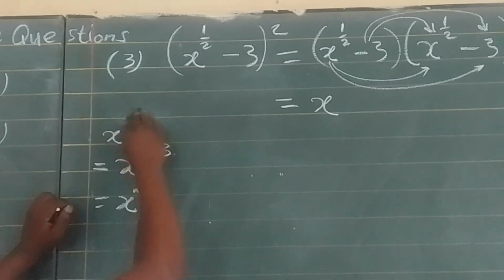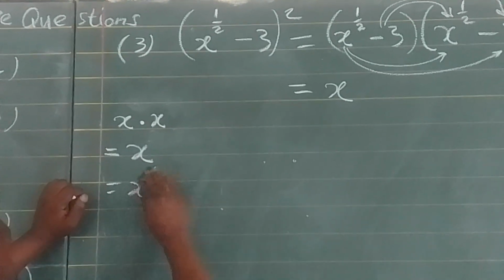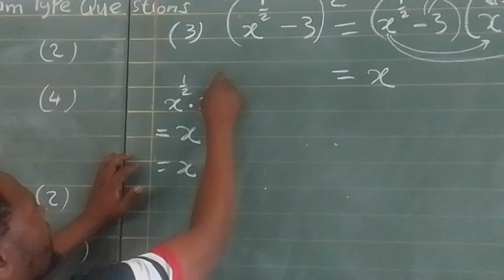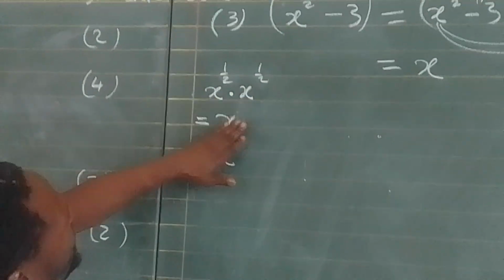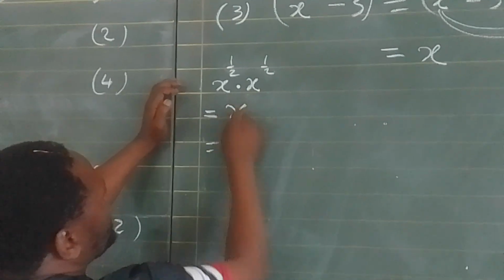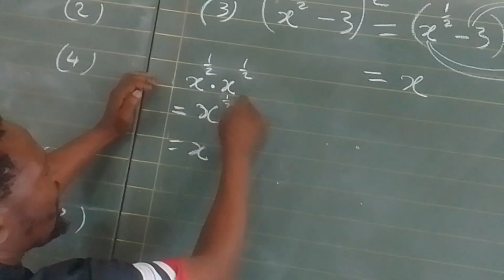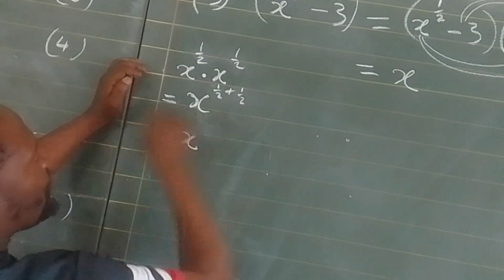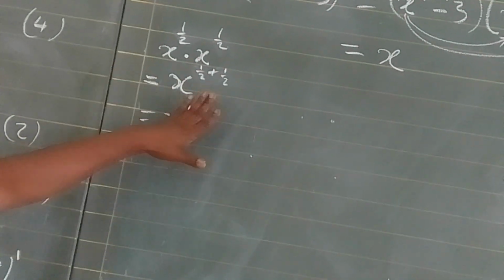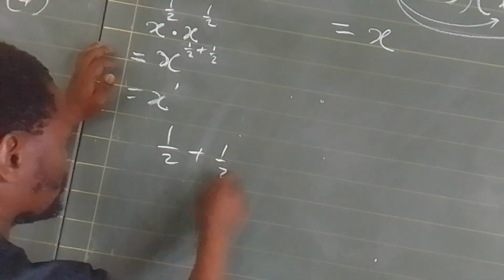You have a half and a half. So x is going to be to the power half plus half. And half plus half is the same as 1. How does it come to be 1? It's 1 over 2 plus 1 over 2.